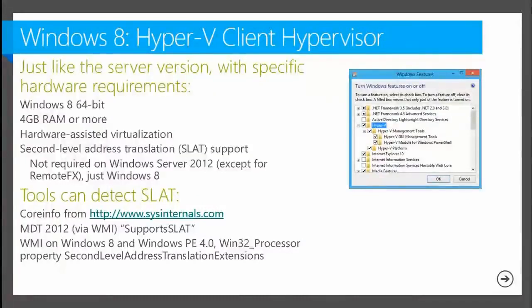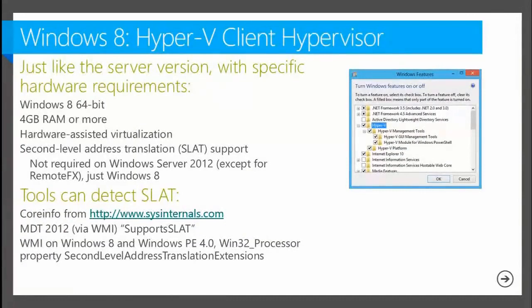That only exists on the client. And the reason it exists on the client is because of the video cards that are used on client machines, desktops, laptops, etc. If you were to take a high-end video card, say a card with a gig of RAM in it, and put it into a Hyper-V server, your Hyper-V performance would be awful because of the number of memory interrupts and page faults that are happening because of that video card.